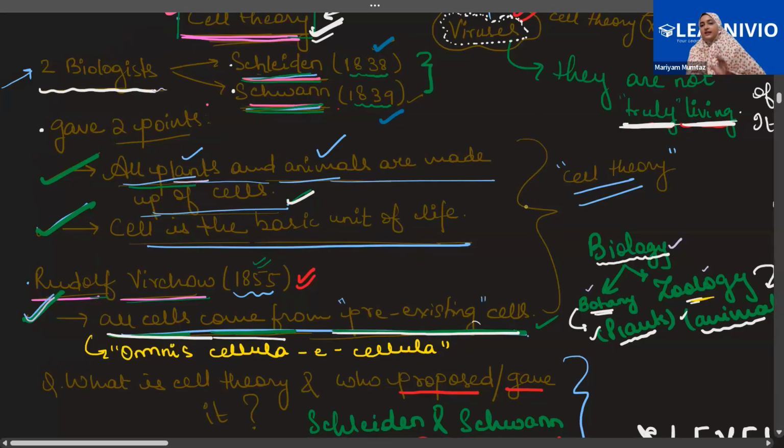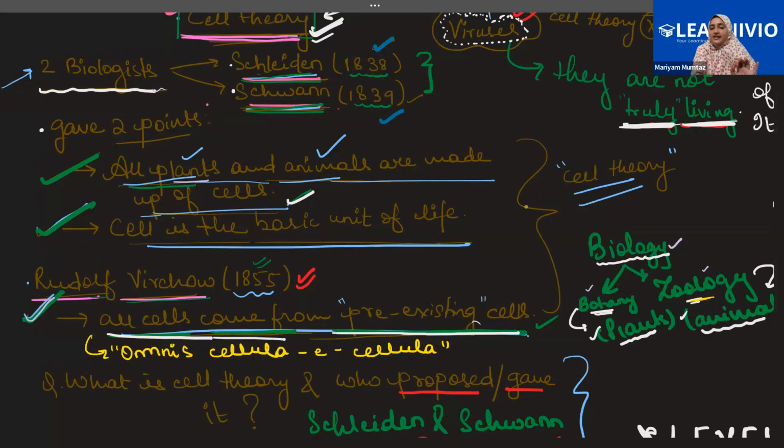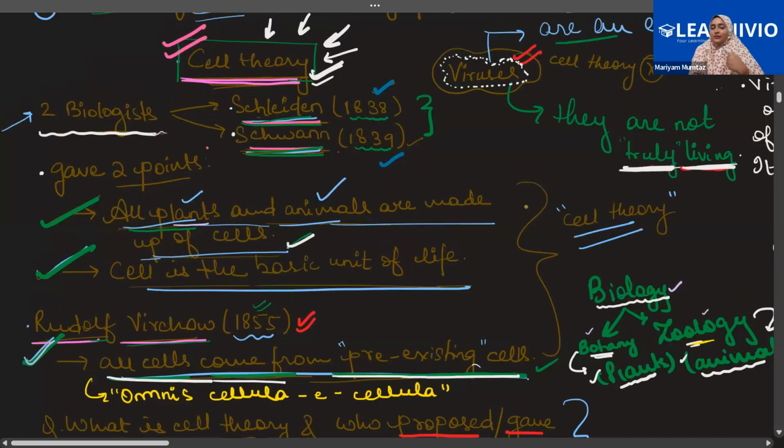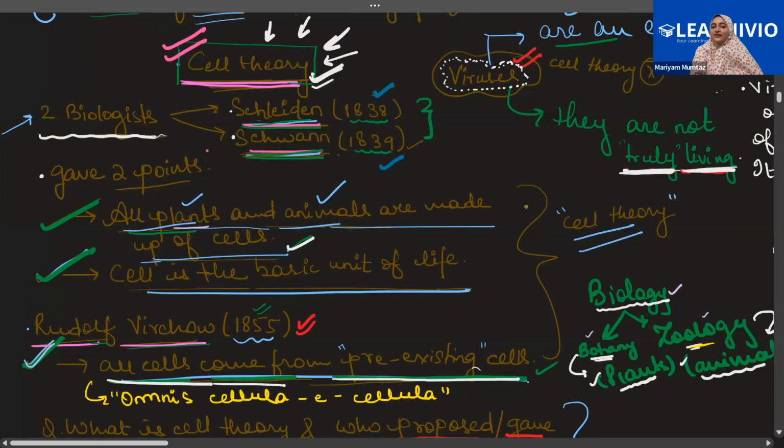This is the cell theory, which states that all plants and animals are made up of cells, the cell is the basic unit of life, and all cells come from pre-existing cells. But sadly, whenever someone asks who gave the cell theory, Rudolf Virchow is not mentioned. It's only Schleiden and Schwann.